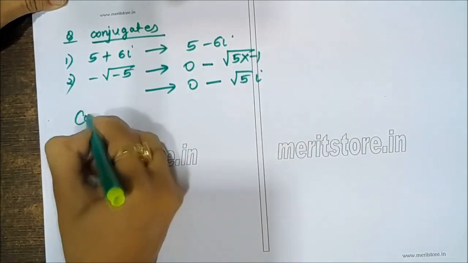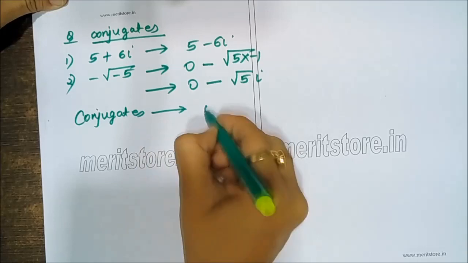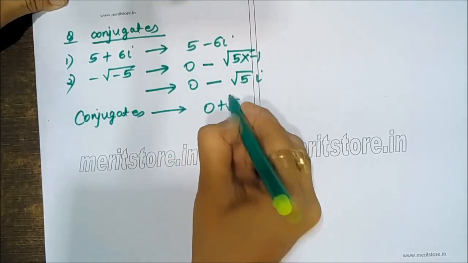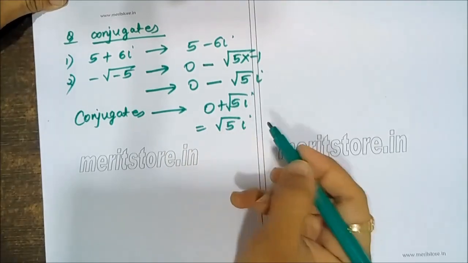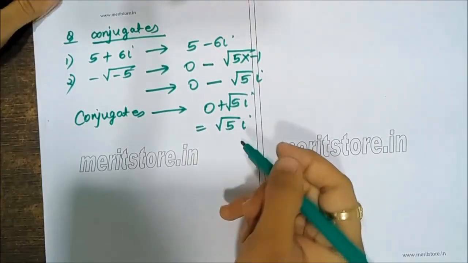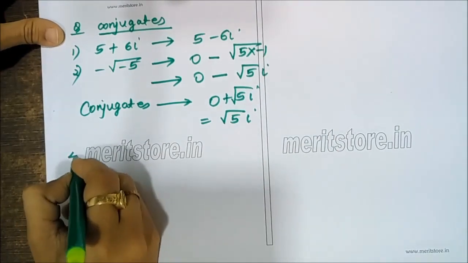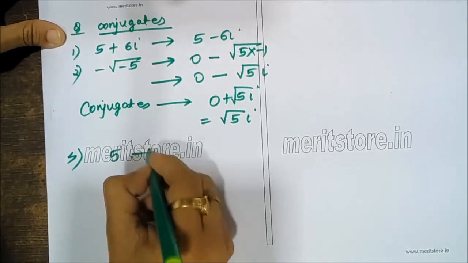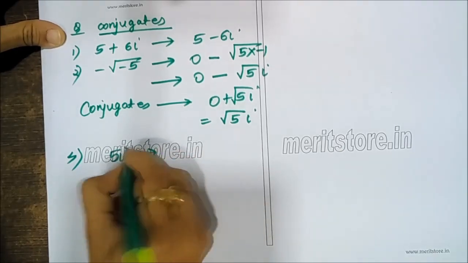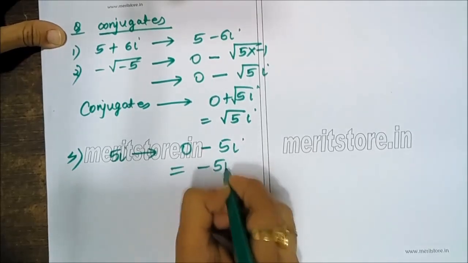Now when I have to take the conjugate, I would define this as 0 plus root 5i, that is your root 5i. So this was a little bit different. One more, let's say 5i. This will be 0 minus 5i, that is minus 5i.